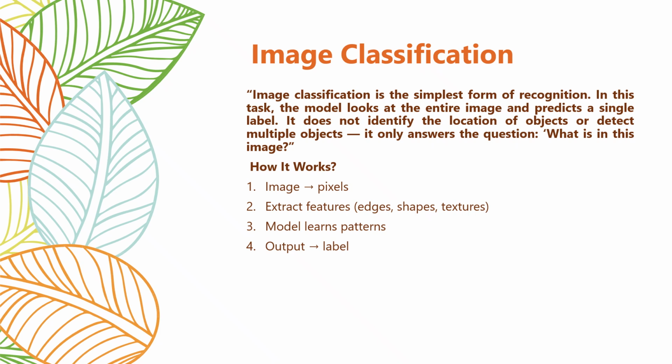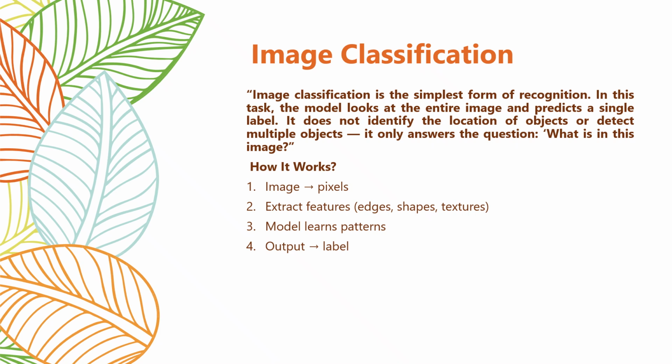The process starts with an input image. The image is converted into pixels. Next, important visual features such as edges, textures, and shapes are extracted. Now, the traditional computer vision methods require humans to manually design these features.